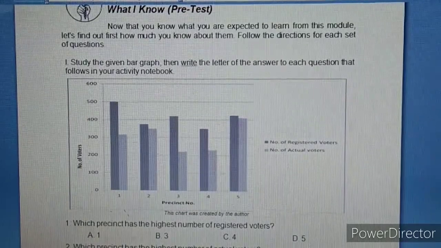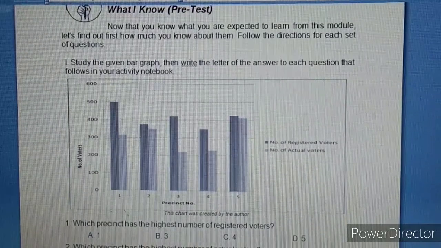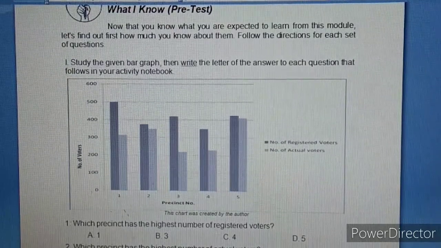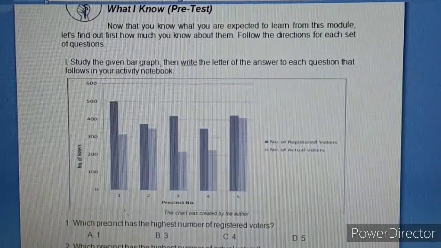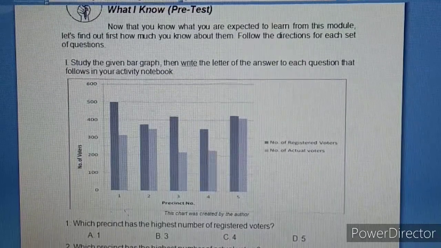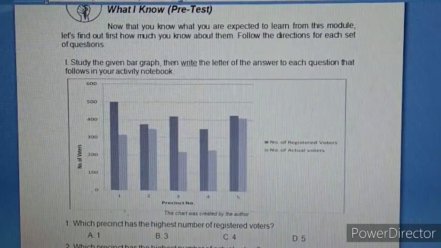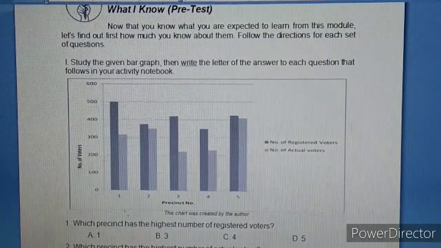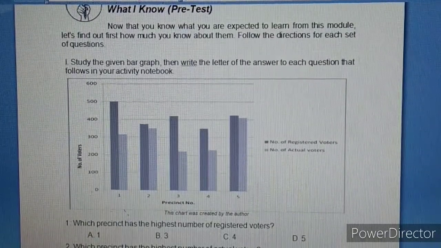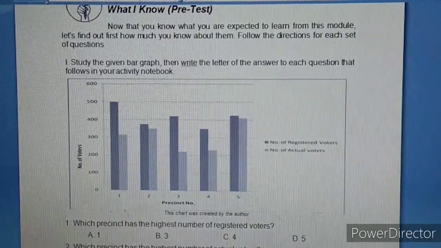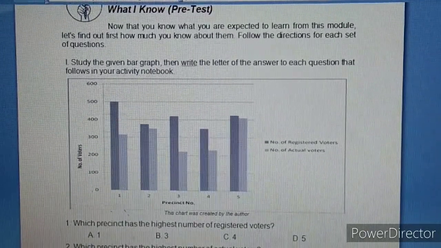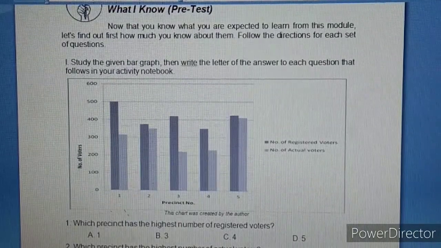Now that you know what you are expected to learn from this module, let's find out first how much you know about them. So follow the directions for each set of questions. First directions: study the given bar graph, then write the letter of the answer to each question that follows in your activity notebook or in your answer sheet.